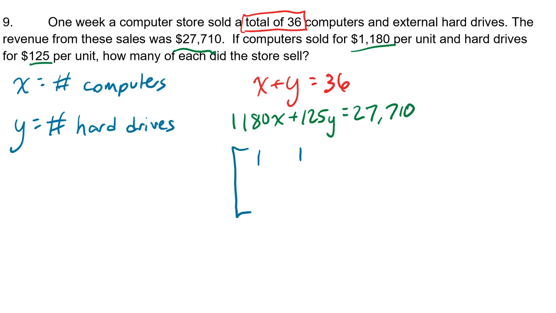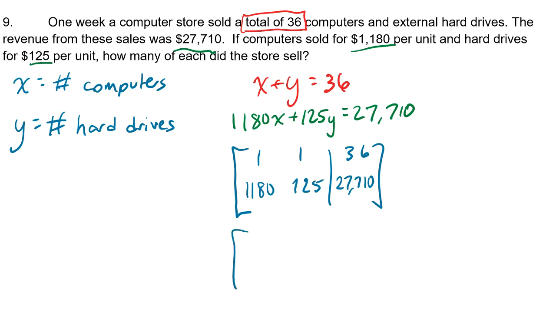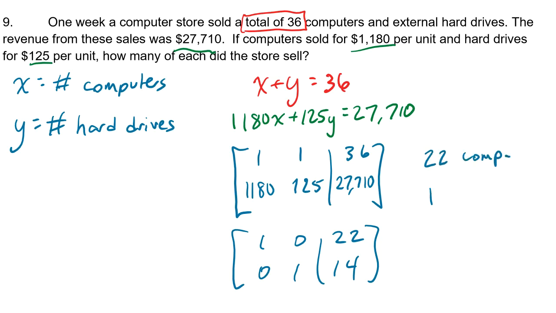Put that in our matrix, so 1, 1, 36, 1,180, 125, 27,710. Put that into your calculator and you should get 1, 0, 22, 0, 1, 14. So there's 22 computers and 14 hard drives.